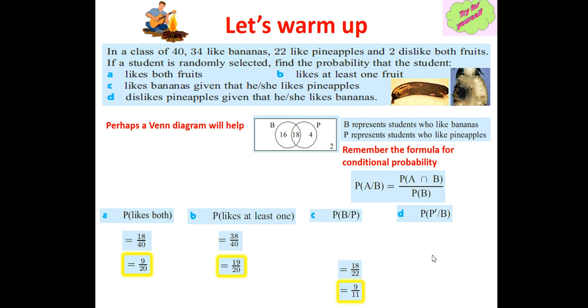Cancel down the 40s, you would get 16 over 34, and then divide the top and bottom by 2, you get 8 over 17. So make sure you show a little bit of working out in between here, the kind of stuff that I said to write down, rather than what I didn't write down.